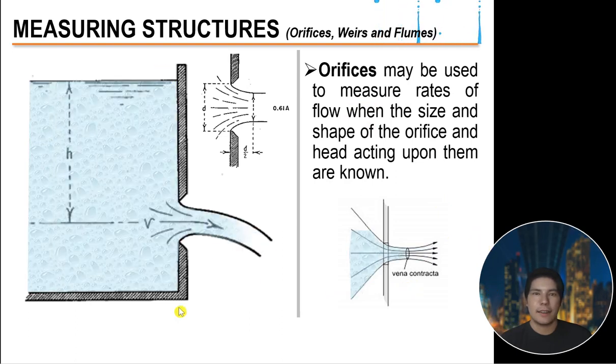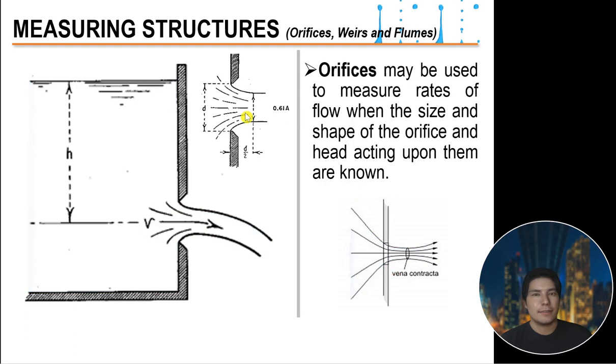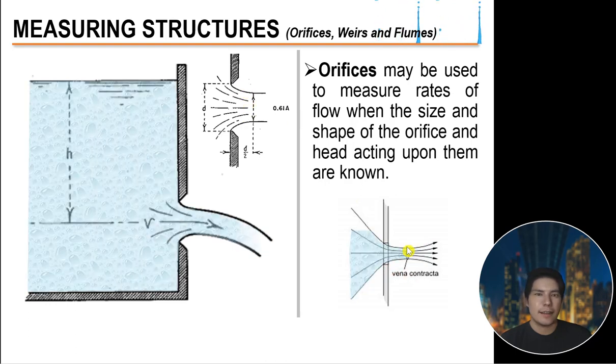So provided we have a container here, and we have an opening here. So we have a head here. We can see here that the vena contracta is at distance d divided by 2 approximately, and it has a diameter approximately 0.61 of the area of our orifice. So what you see here is what we call the vena contracta.